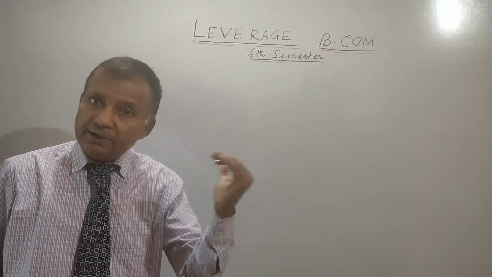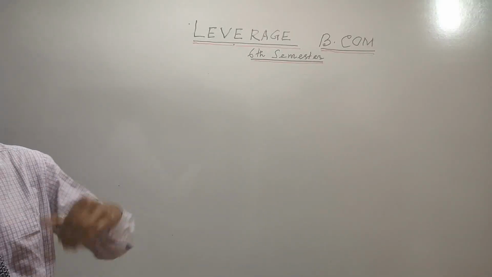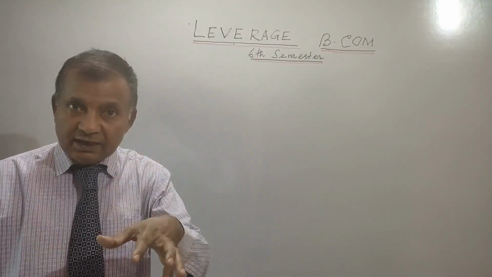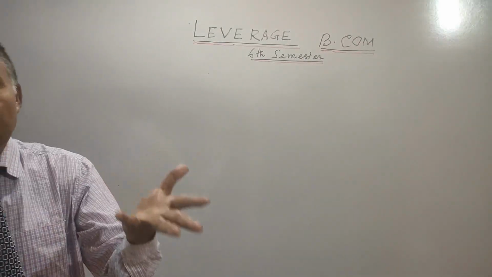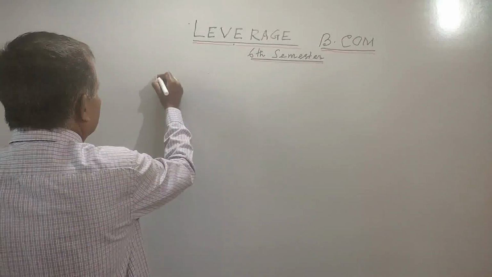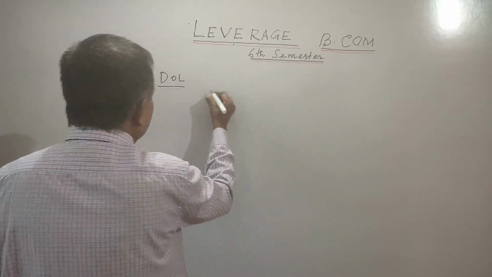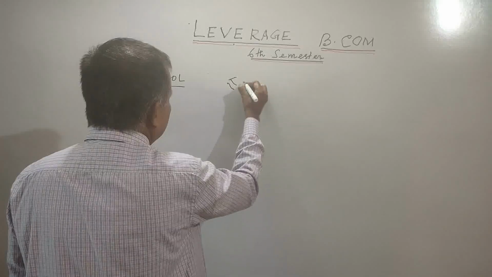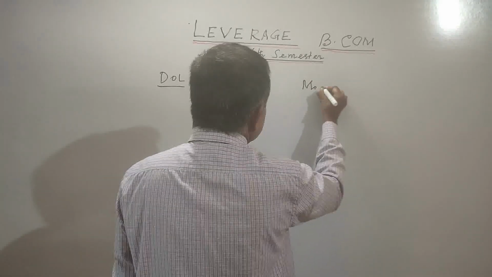There is no hard and fast standard. However, in some cases we consider certain standards for taking a decision on the risk profile of the business. So let us come to DOL: less than or equal to 2, moderate risk.